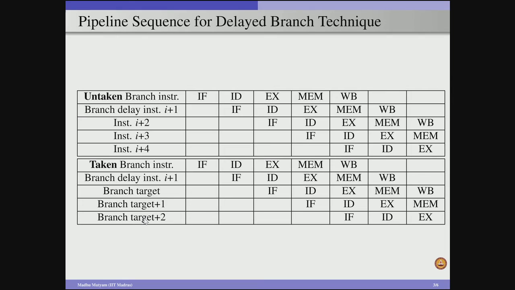Now consider another scenario, where the branch instruction is taken. In this case, what we have done is in the delay slot we kept the instruction which is following the branch instruction, and at the end of the ID stage of the branch instruction we came to know that the branch is taken. So whatever instruction we fetched that is stored in the delay slot will be void now, and then we can continue with the target address instruction.